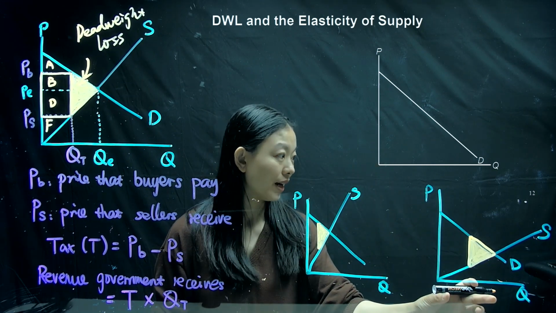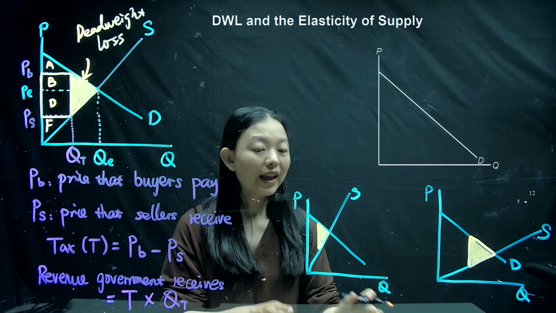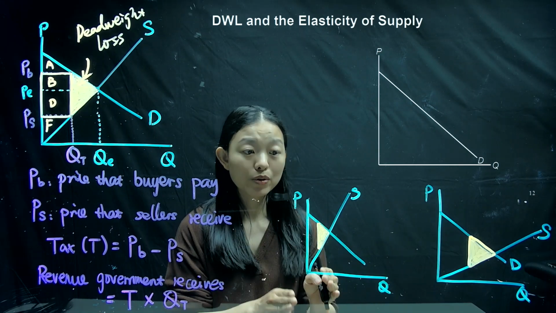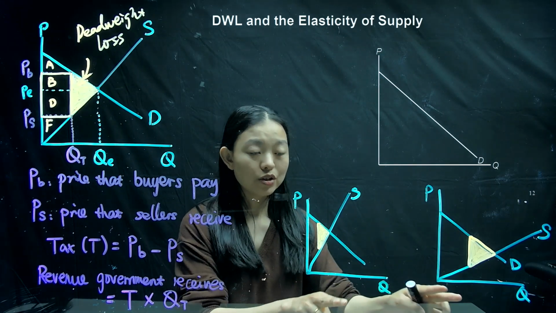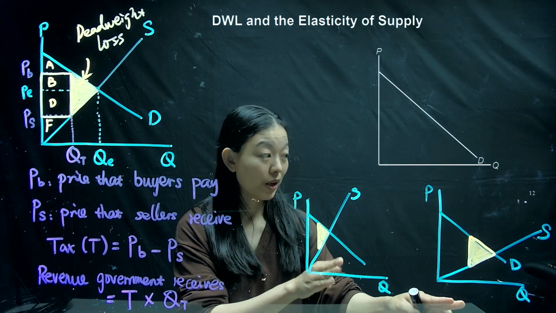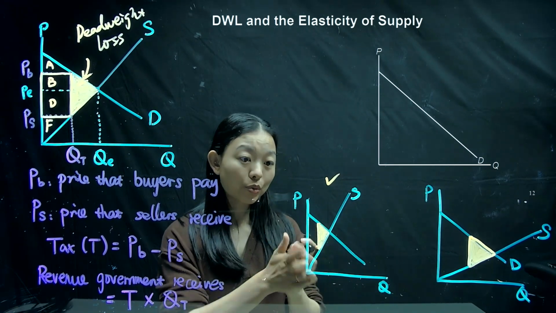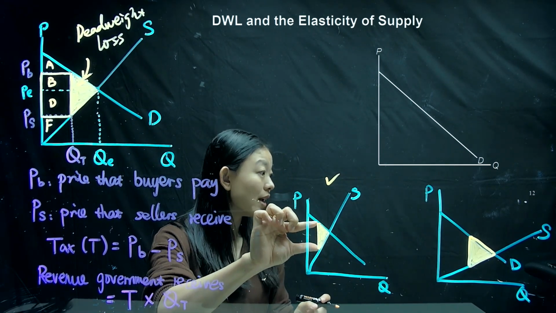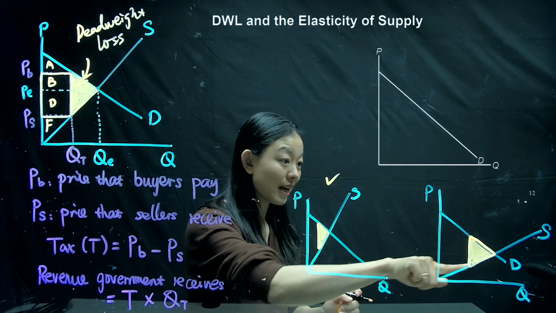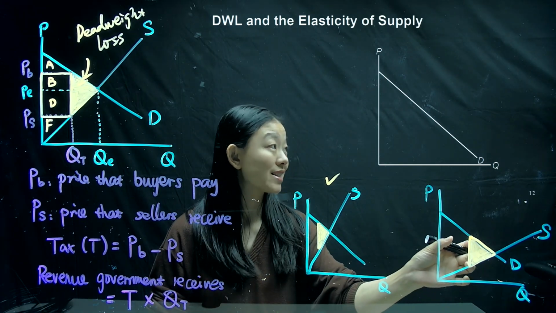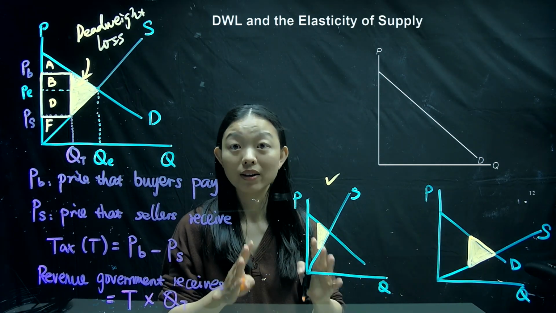Definitely the second one, right? So if the government chooses to impose tax on these two goods, it's better to impose the tax on this good, because it will result in smaller deadweight loss. If the government imposes a tax on this type of good, it will result in bigger deadweight loss, and this is not what we want to do.